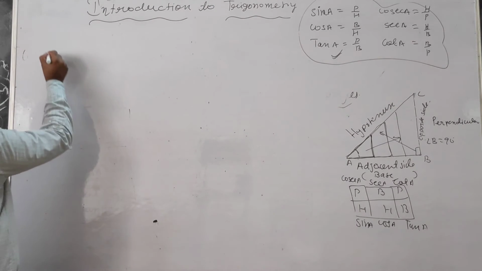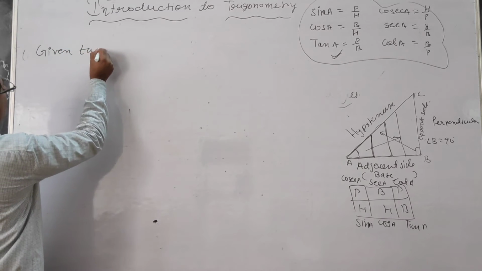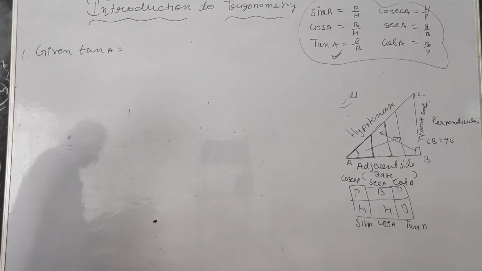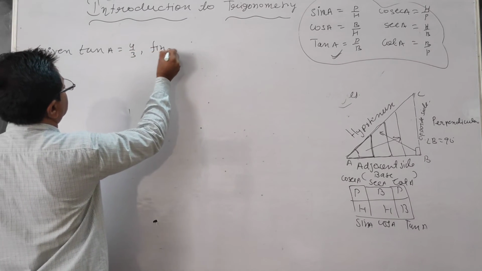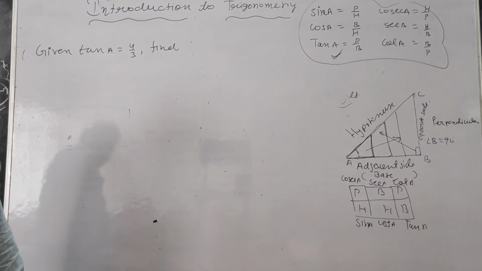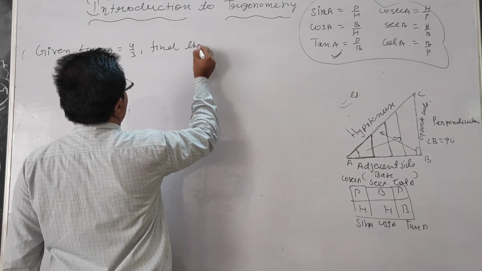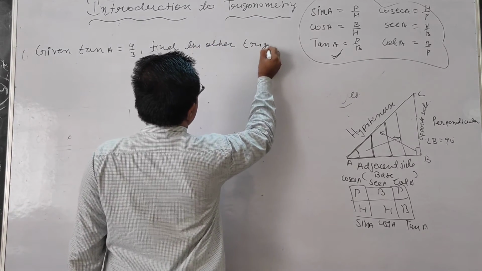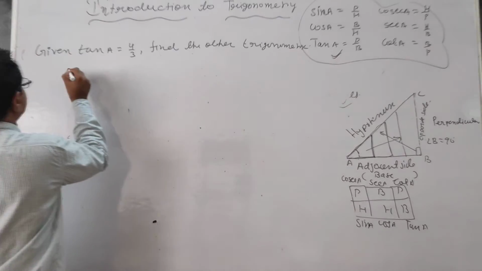Now see what the example says. We are given tan A equal to 4 by 3, and we are asked to find the other trigonometric ratios.